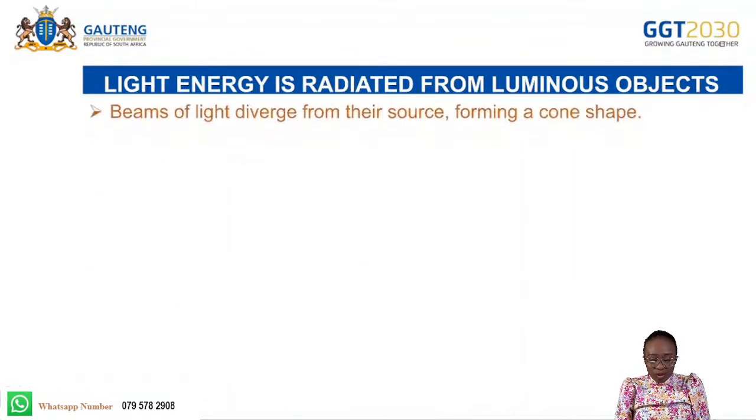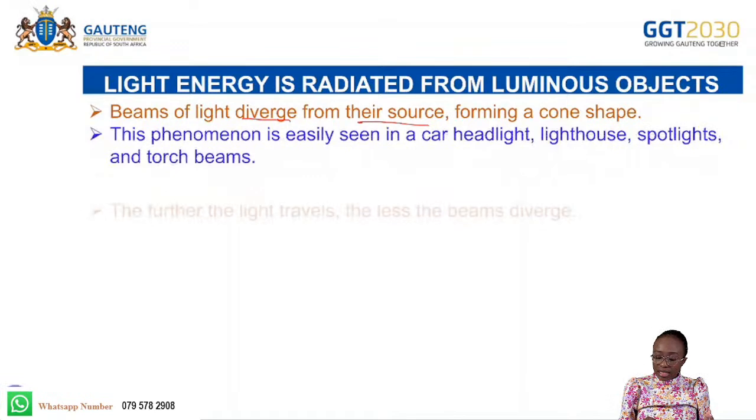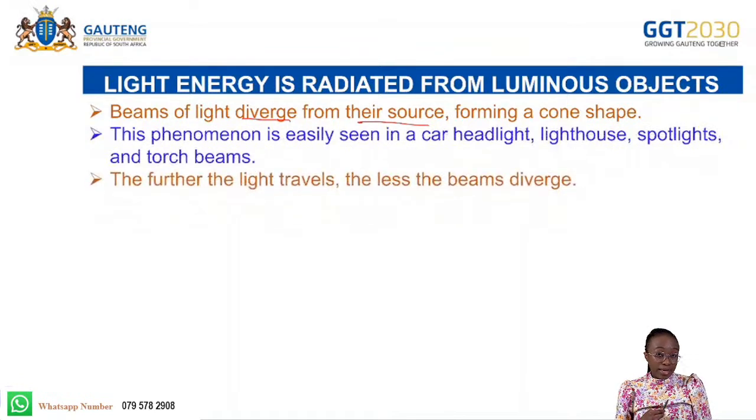Now, beams of light tend to diverge from their source, forming a cone shape. Think of a torch light, which forms a cone shape, or the light beaming from a lighthouse. This phenomenon is easily seen with car headlights, with the lighthouse, with spotlights on stage and torch beams.